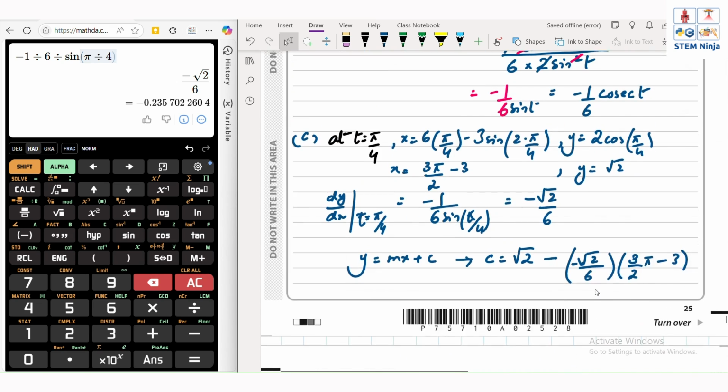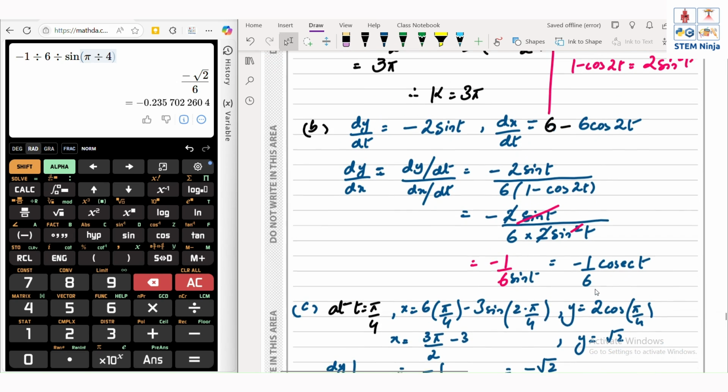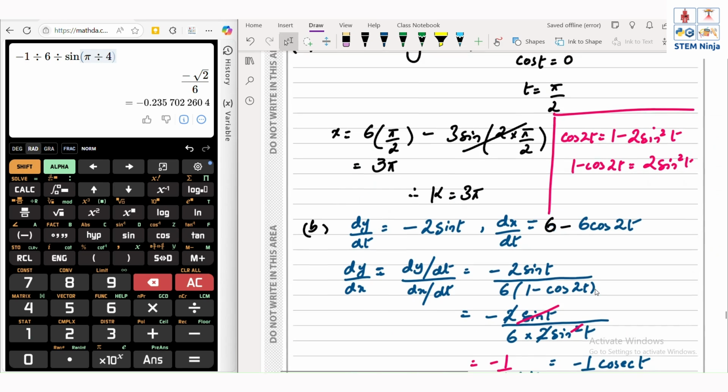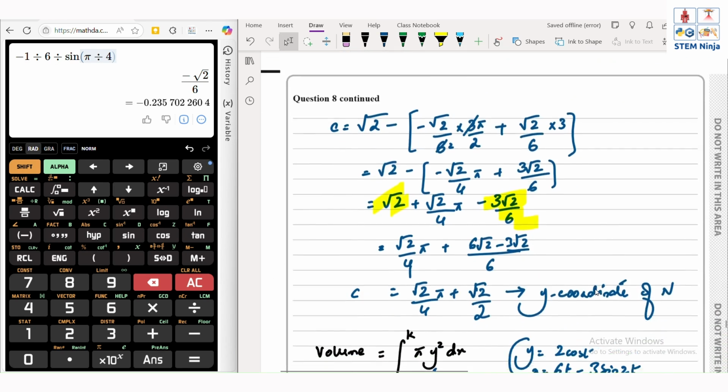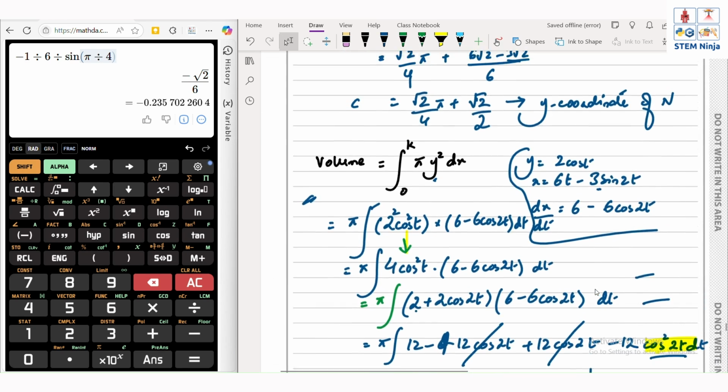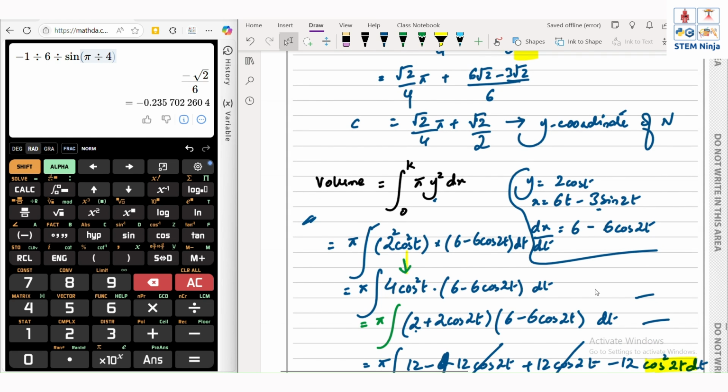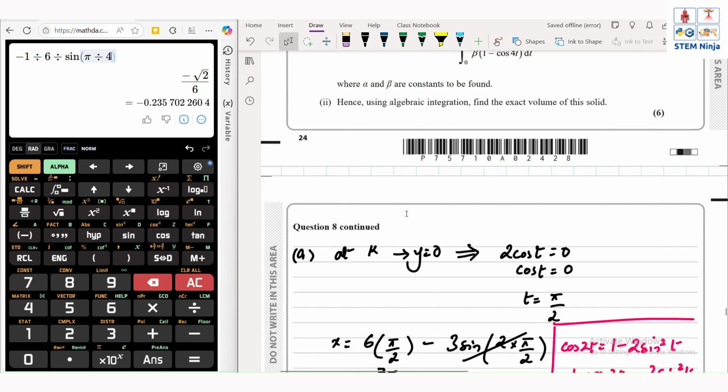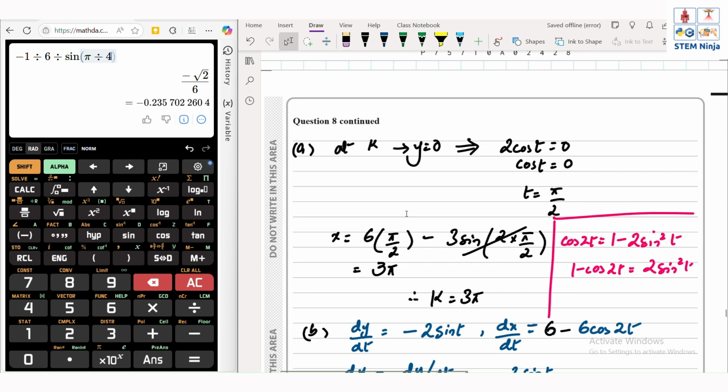Now we will plug in the limits. So we have 0 to k, which we found somewhere. K was 3 pi. Wait, sorry, where did the k come from? The t was pi by 2.